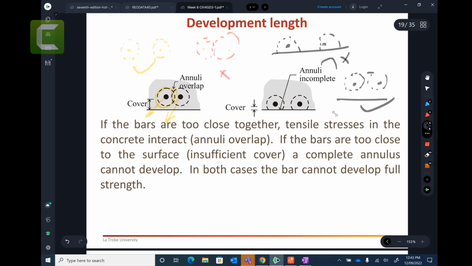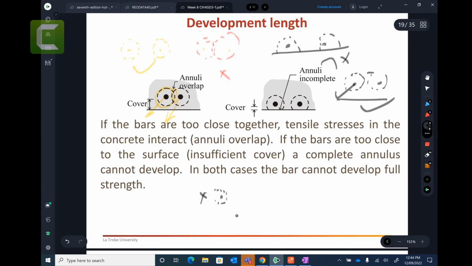I like it, so the standard also likes it. So the standard wants you to do this one. If someone put it very close to here, then this will happen. Not good. You can have enough distance from here to here, enough cover, then this is good. So that's what it's explaining here.